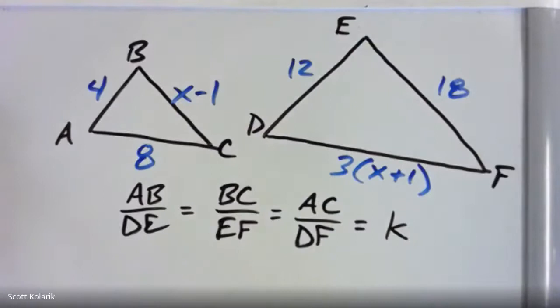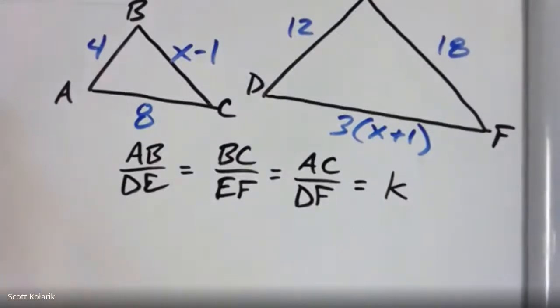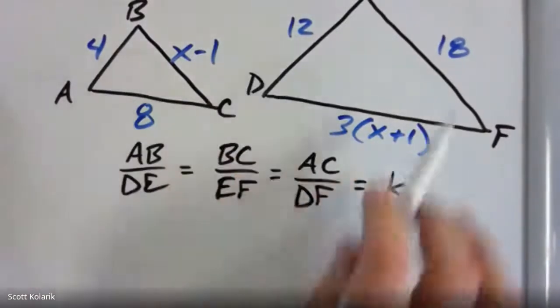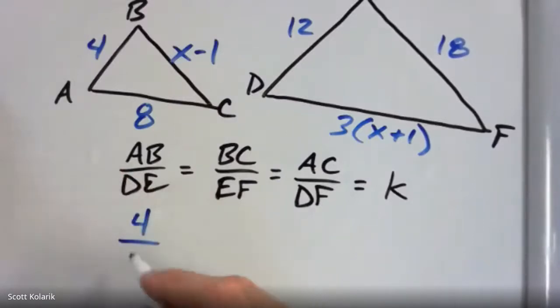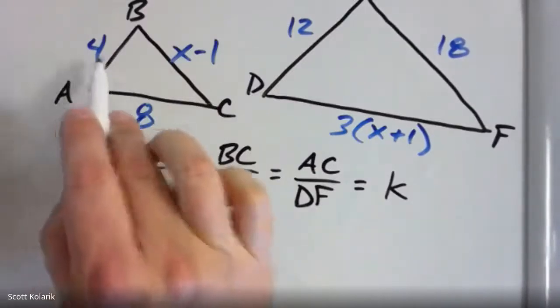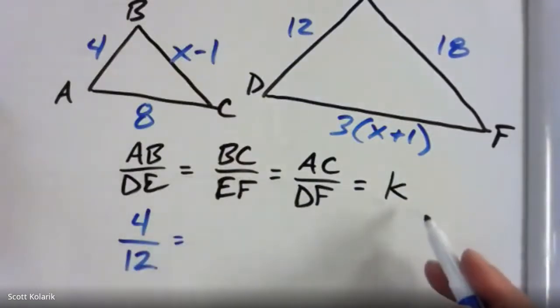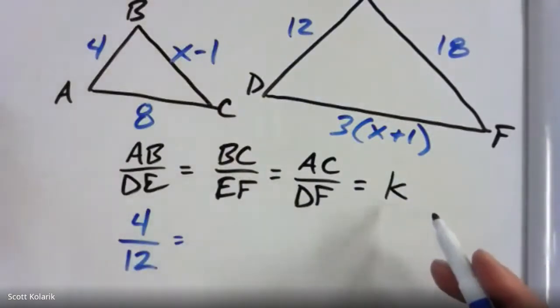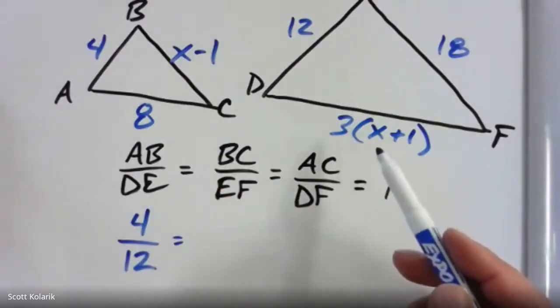All right, well, I do know some of these pieces. Actually, I know all these pieces, so I just have to fill it in. So AB is 4, that's going to be related to DE, which is 12, 4 to 12. And I have to use this statement of proportionality. In this case, I can't use short, middle, and long because I have unknowns, so I don't know which ones are the longest pieces or not.